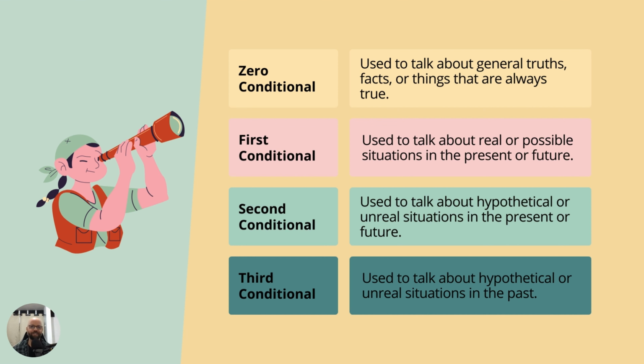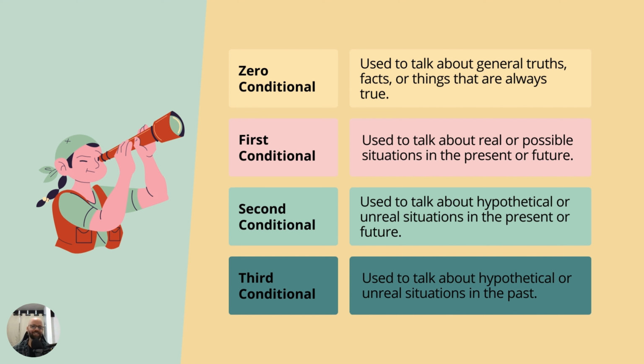The zero conditional is used to talk about general truths, facts, or things that are always true. First conditional is used to talk about real or possible situations in the present or future.